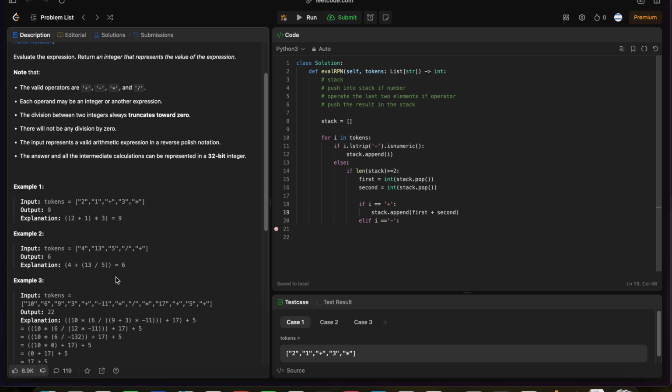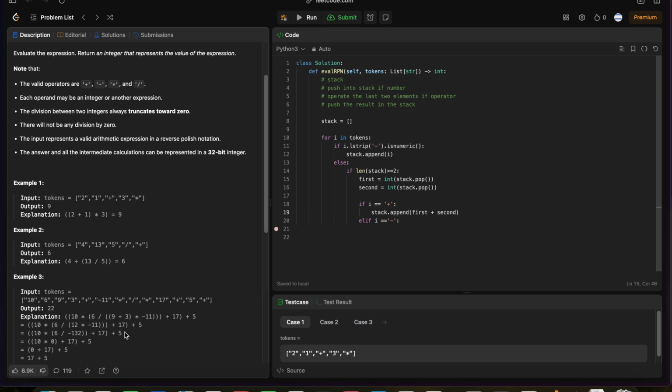And if it is subtraction, it should be in the same order, that means second minus first. The order matters because first plus second and second plus first give the same value, but first minus second and second minus first do not give the same value. So that's why we have to check that.